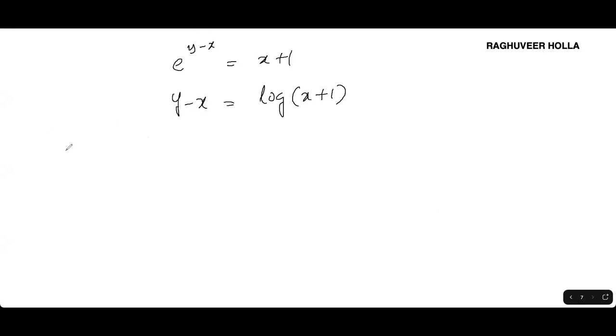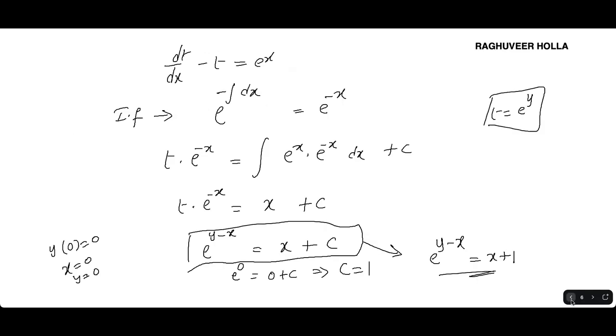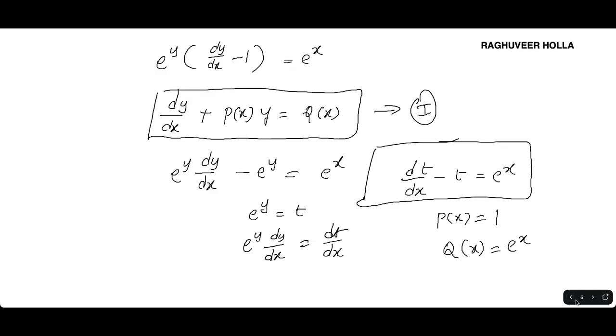Now at x is equal to 1, we have to find y of 1, since y is a function of x. So y of 1 is 1 plus log 2 to the base e. So this is the required result. Please ask if you have any doubts. Please see the working.